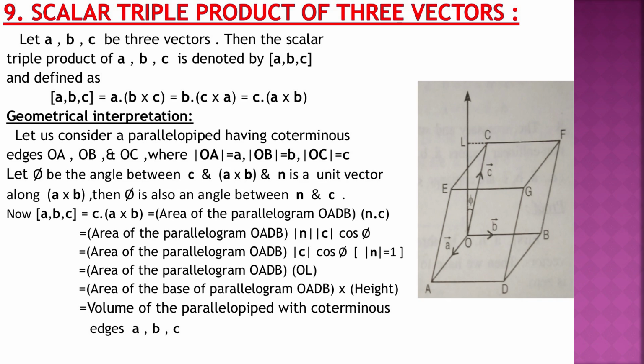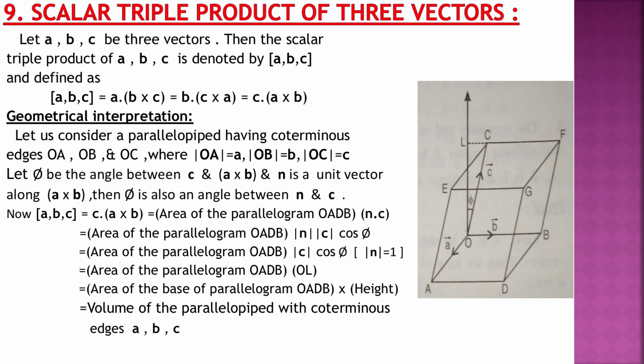Also, we can go for the geometrical interpretation. From the slide you can verify that the scalar triple product of A, B, C, that is C dot A cross B, is the area of the parallelogram OADB into n dot C. So, area of the parallelogram OADB into magnitude of C into cos phi, where phi is the angle between the C vector and n cap.